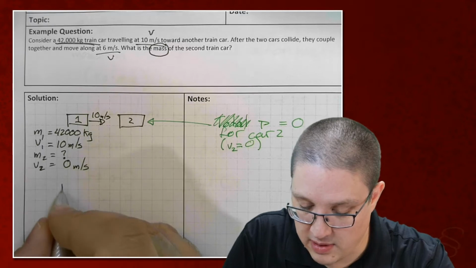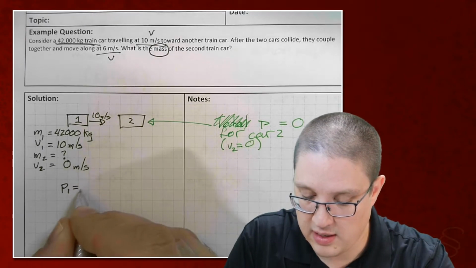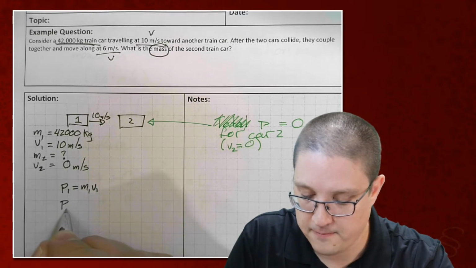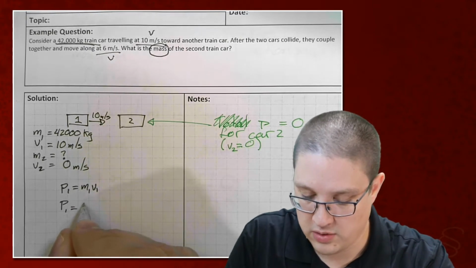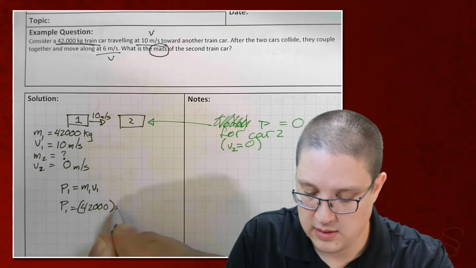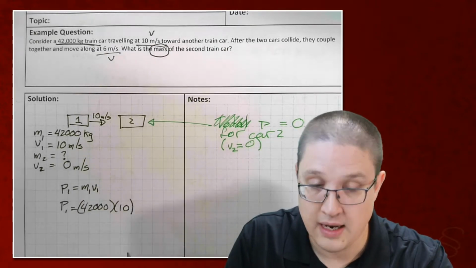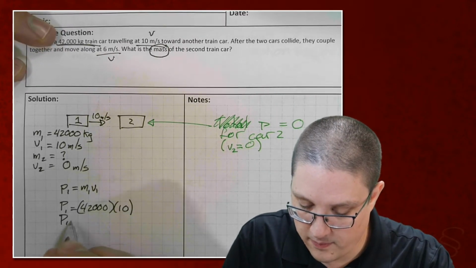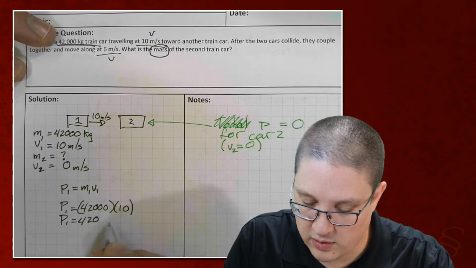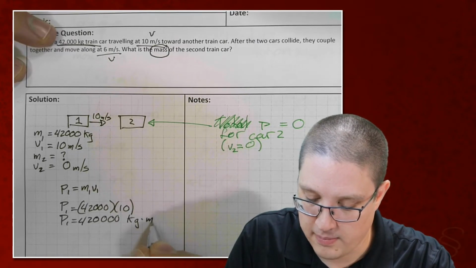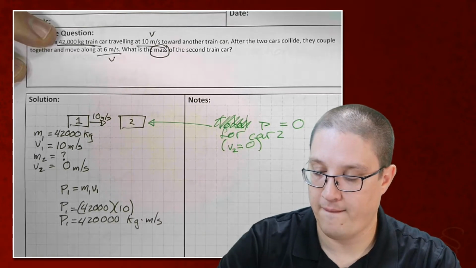So in this case, my momentum is the mass times the velocity, which works out to 42,000 times 10. And that works out to 420,000 kilogram meters per second.